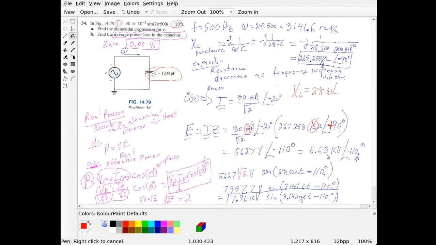So down here where we had minus 20 degrees and then a minus 90 before, now we're going to have a plus 90. And so my angle, if this was an inductor, would be plus 70 degrees. So my angle for my voltage would be plus 70 degrees. Because remember Eli the Iceman?